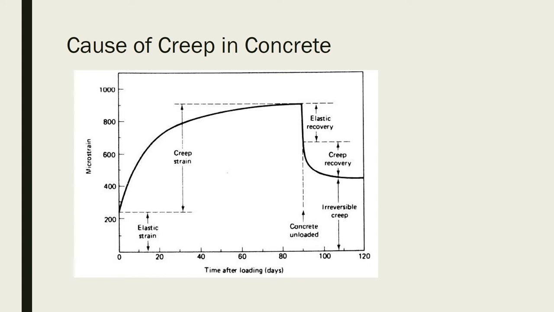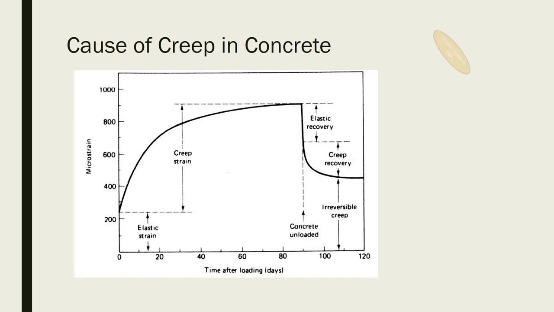This change in strain is called creep strain. The strain is not because of changing the load, but because of time. At the last point, if we remove the load, there will be a certain amount of elastic recovery as well as creep recovery, but it is not very much. There will always be certain irreversible creep in the structure.